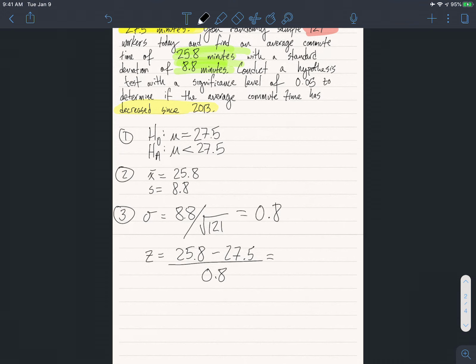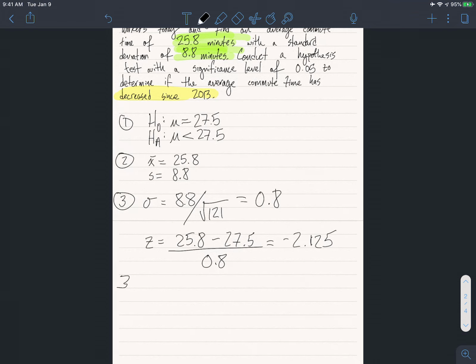So our value, 25.8, minus the mean. Well, we use the claim as the mean, just like we did when we were doing proportions, 27.5. Divided by all of that, divided by 0.8. And I get a z-score of negative 2.125. All right, that was step 3.